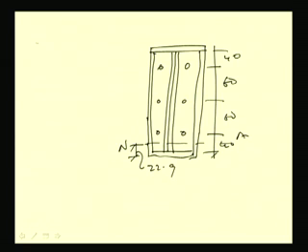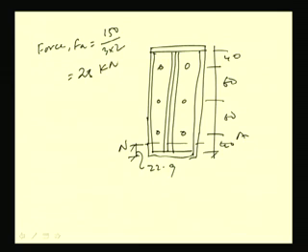Now force in each rivet due to direct force, F_A, will be total load by total number, 150 by 3 into 2, that will become 25 kilonewton.